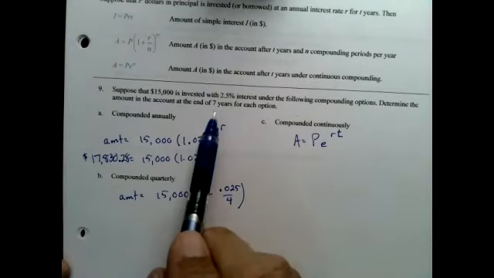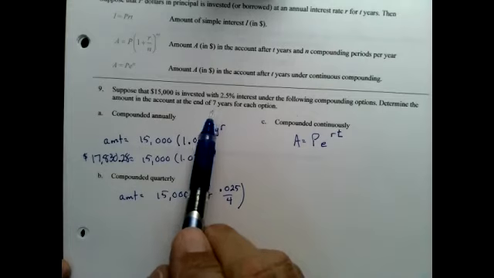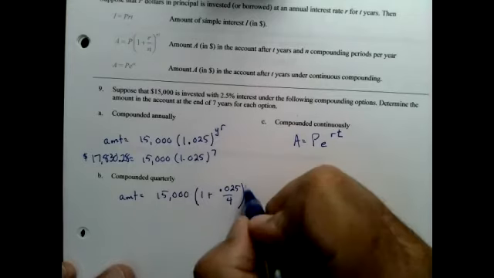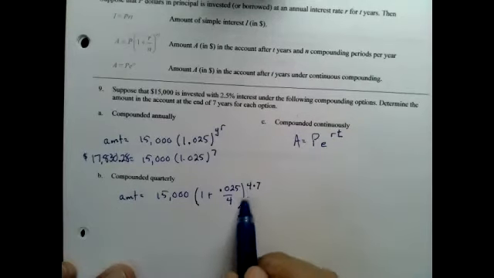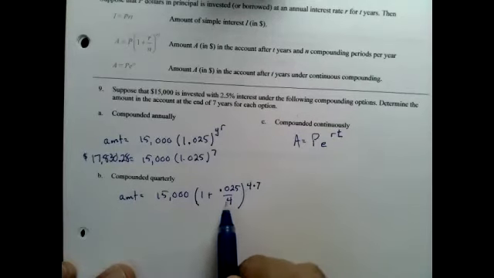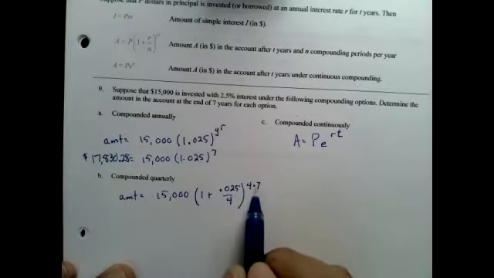Now, how many quarters are there in 7 years? If there's 4 in 1 year, how many in 7 years? 28. So that's 4 times 7. So this quarterly breaks it up into, it's doing it every 3 months, 28 times.